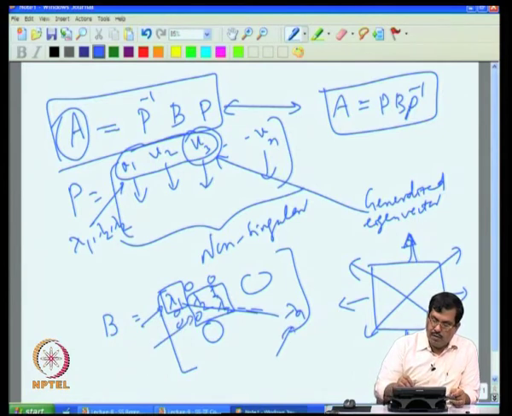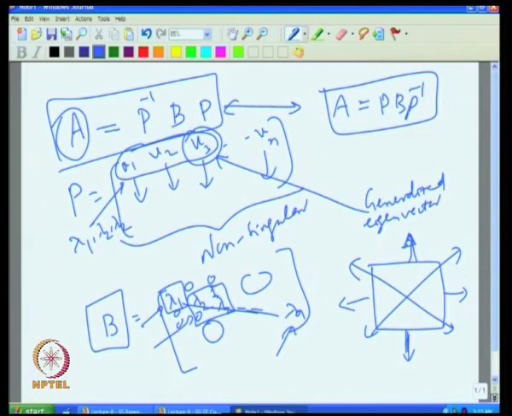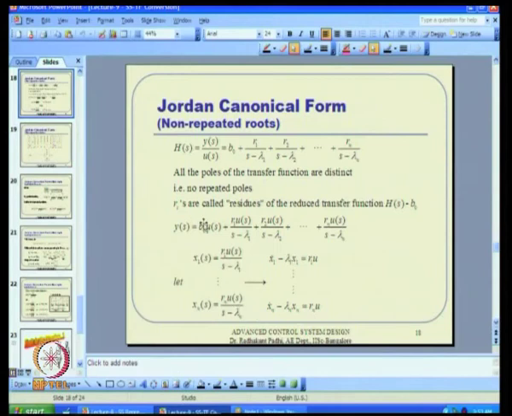This representation is nothing but the Jordan transformation: A equal to P inverse B P, a similarity transformation, leads to a block diagonal matrix in a simplified way. That is where the name Jordan canonical form comes from. You really want to analyze what is happening in these principal axis directions, and that is what you are interested in. Now, let us go back to that and see what is going on here.